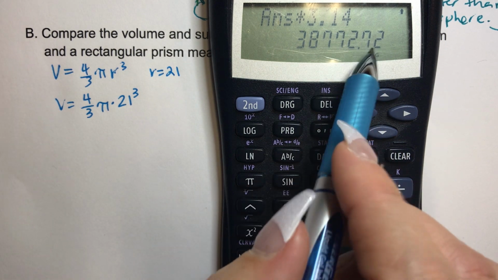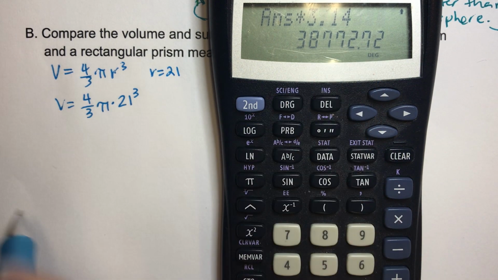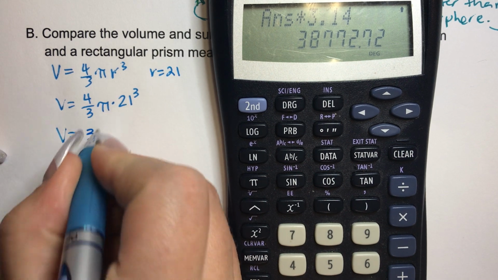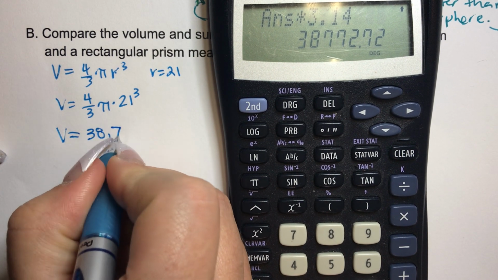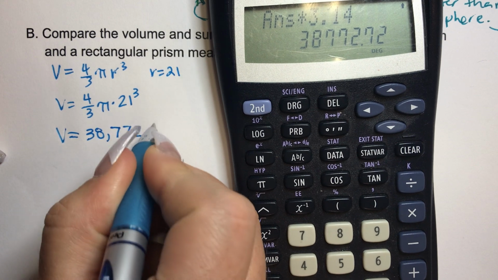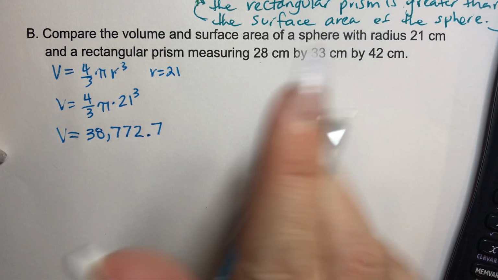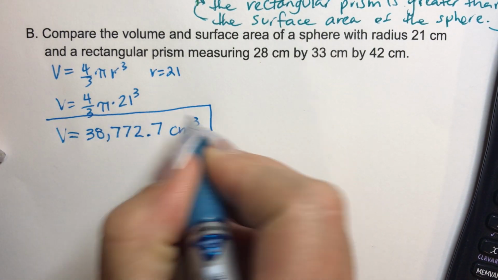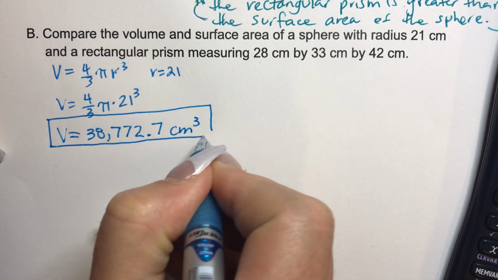And we'd round it to the nearest tenth, so that 2 can't round it up, so the volume equals 38,772.7 centimeters cubed. Okay, there is our volume.